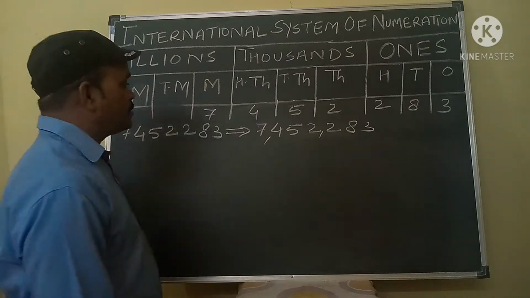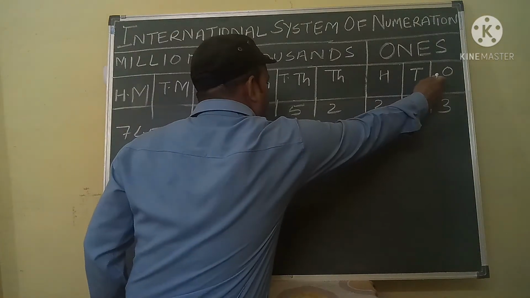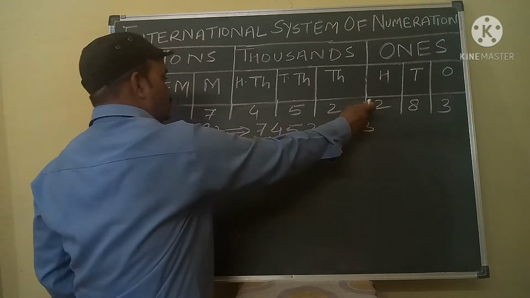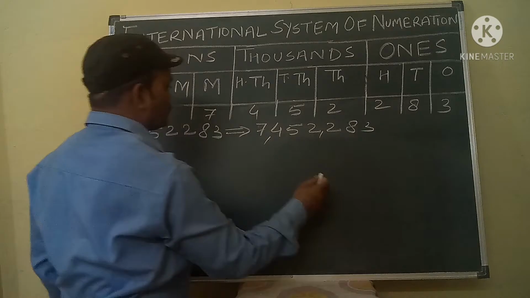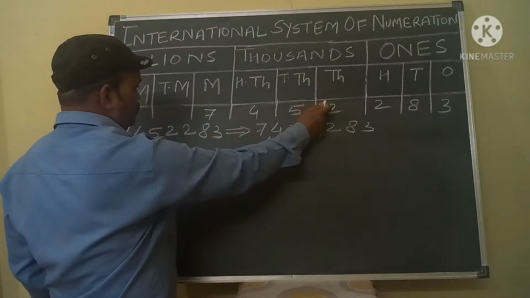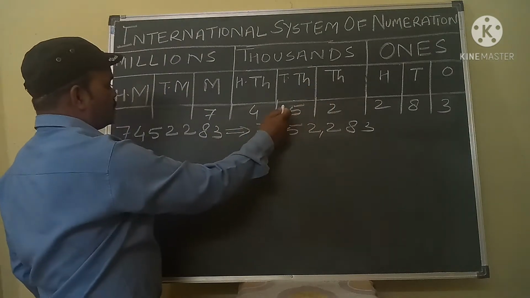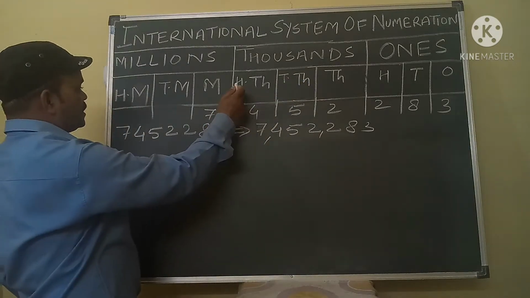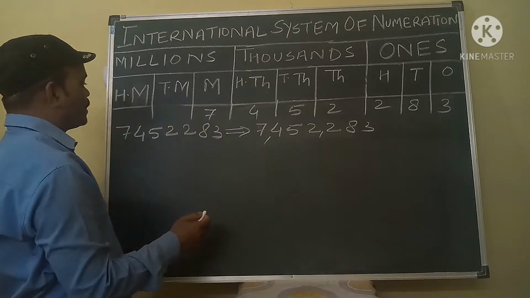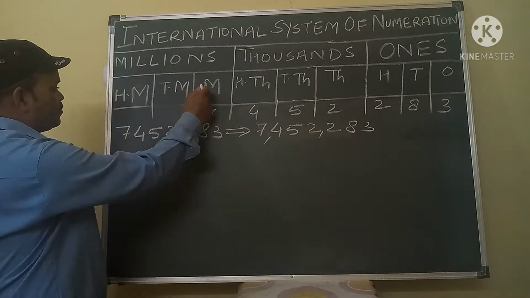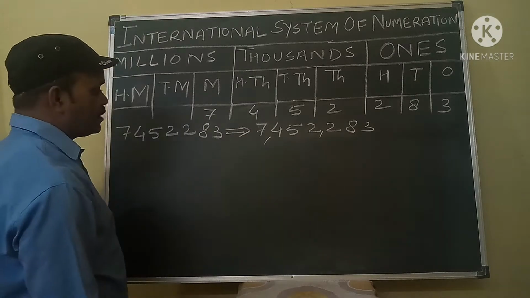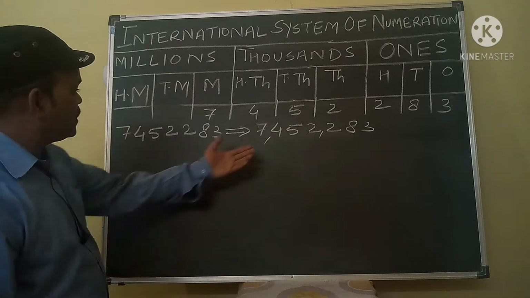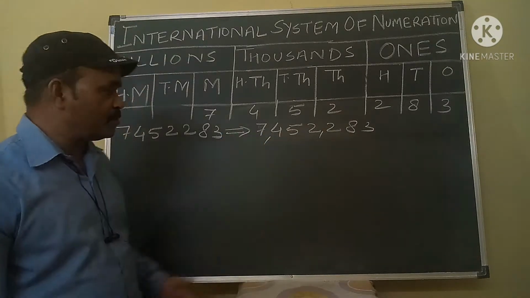Again, 3 is in ones place, 8 is in tens place, 2 is in hundreds place, 2 is in thousands place, 5 is in 10,000 place, 4 is in 100,000 place, and 7 is in millions place. Okay, then after we will take out the place value of each digit in this number.